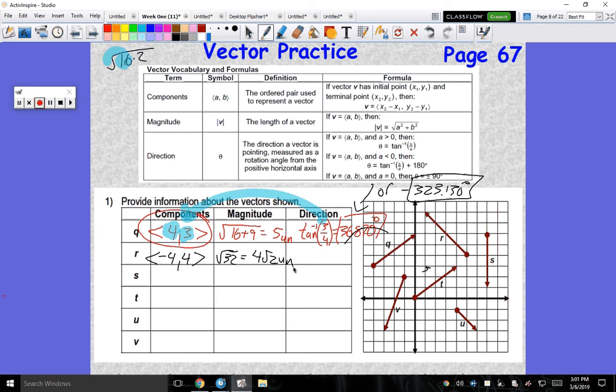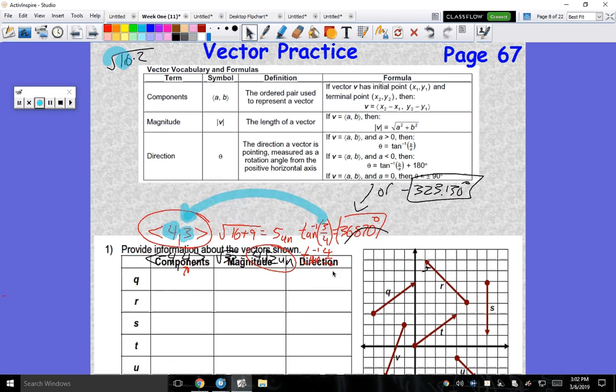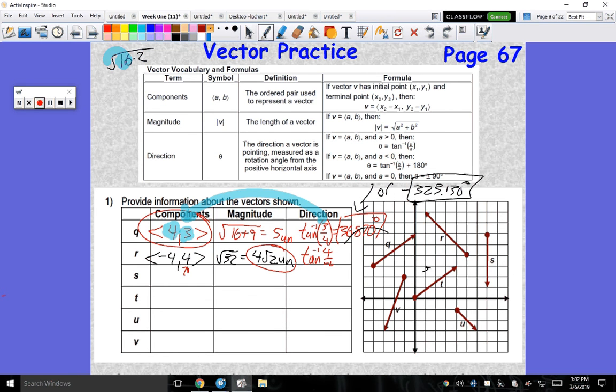Or if you want to put the decimal equivalent, that's fine. But you got to know both, okay? Please do not sell yourself short on reducing radicals or simplifying radicals. Here we go. The arctangent of the y value, which is positive 4, over the x value, which is negative 4, is the same as negative 1.